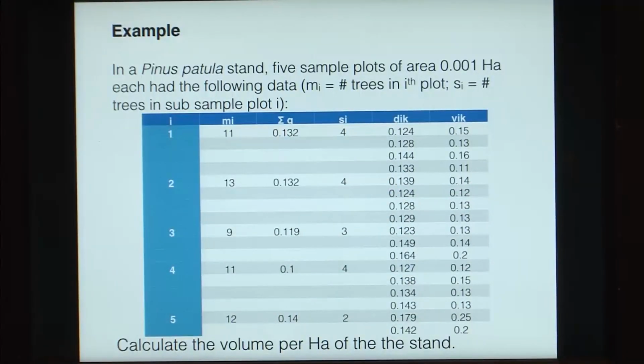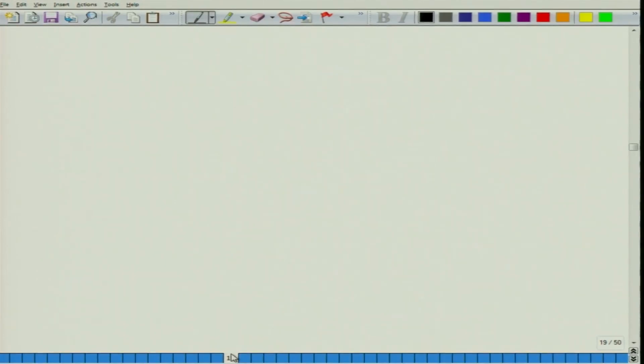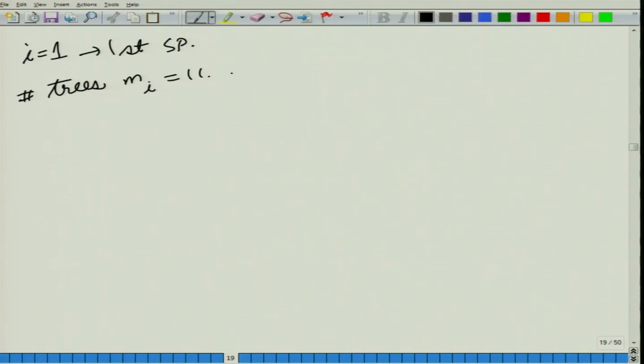So, now how do we figure out the volumes of these? Let us do it. For i equal to 1, the first sample plot, you have the number of trees Mi as 11, with the sum total of the basal area as 0.132 square meter.